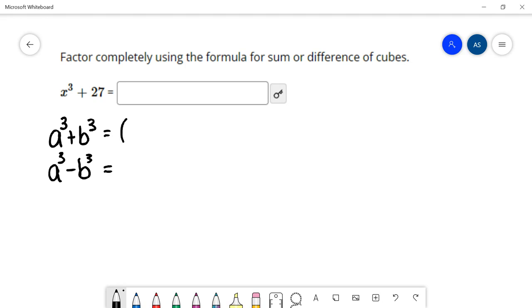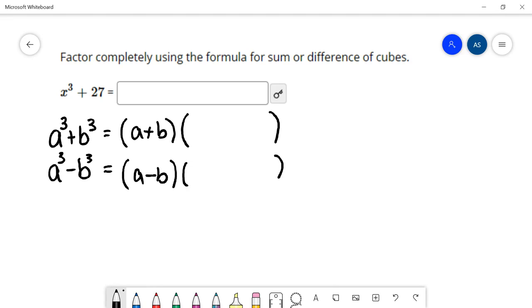So the formula is going to be a binomial, so 2 terms, multiplied by 3 terms. Your two terms are going to be a and b. The sum of cubes has a plus, the difference of cubes has a minus.